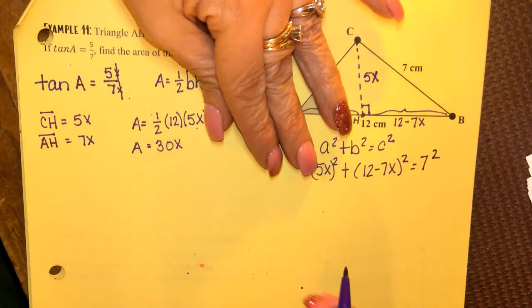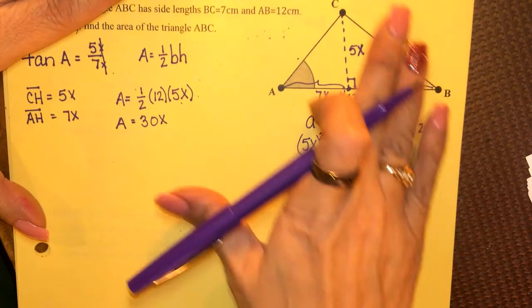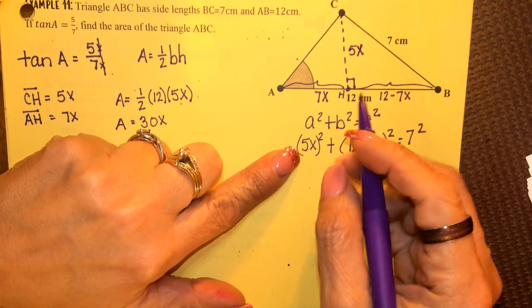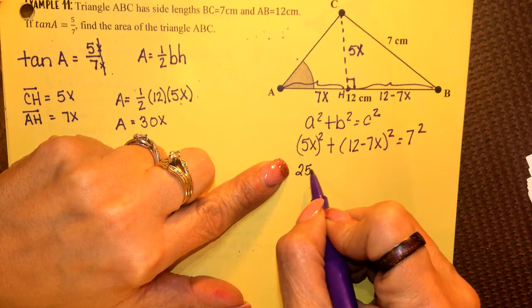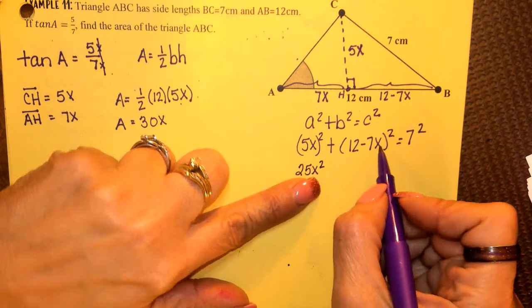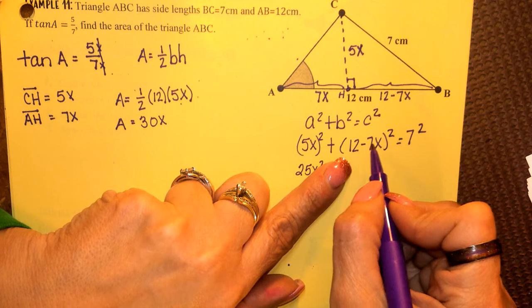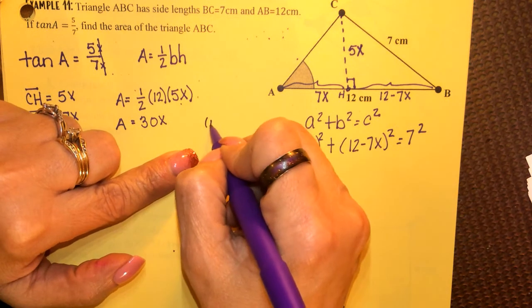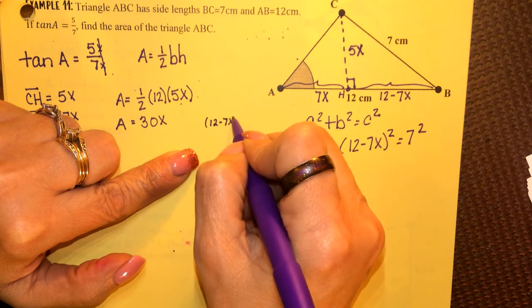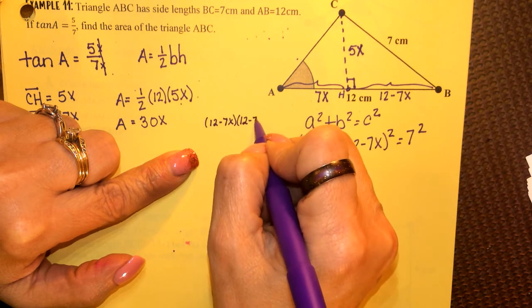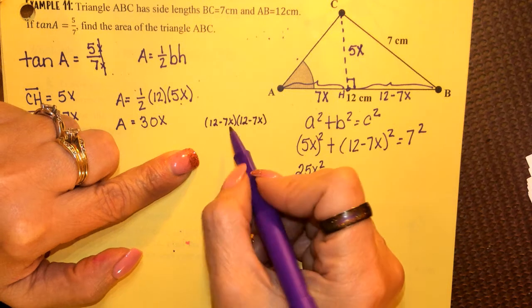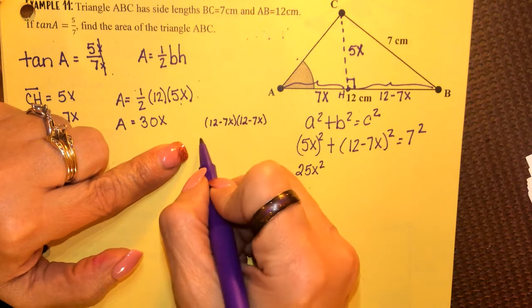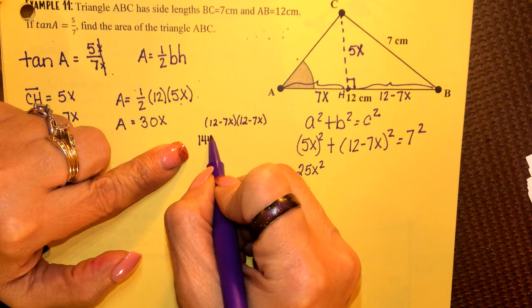Now, this is definitely some pre-cal type problems that we are doing. 5x squared is going to be 25x squared. Now, when you multiply this out, that's going to be a whole lot of math. So I'm going to come over here and say 12 minus 7x times 12 minus 7x. 12 times 12, 12 times negative 7, and we're going to go the other way. So here we go. I'm going to let you work it.